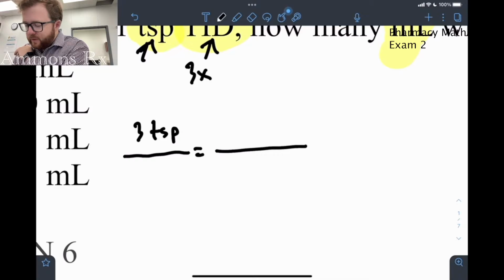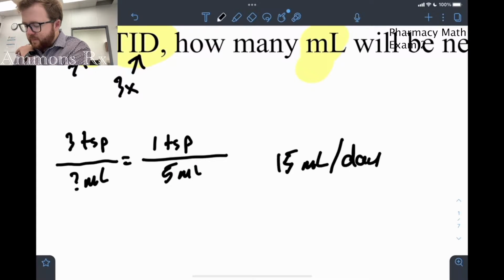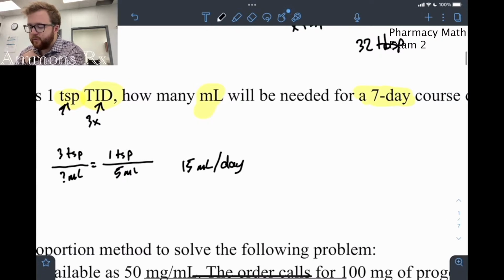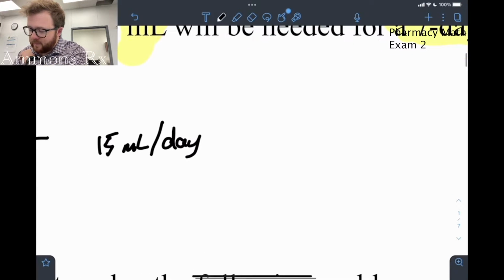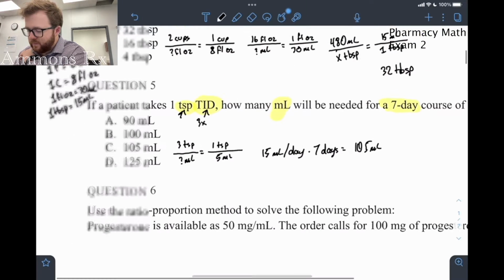Then this is our conversion, 1 teaspoon, 5 mils. So 5 times 3 divided by 1 is 15 mils per day. Is that where we need to stop? No, because he's taking it for 7 days. 15 times 7 is 105 mils.